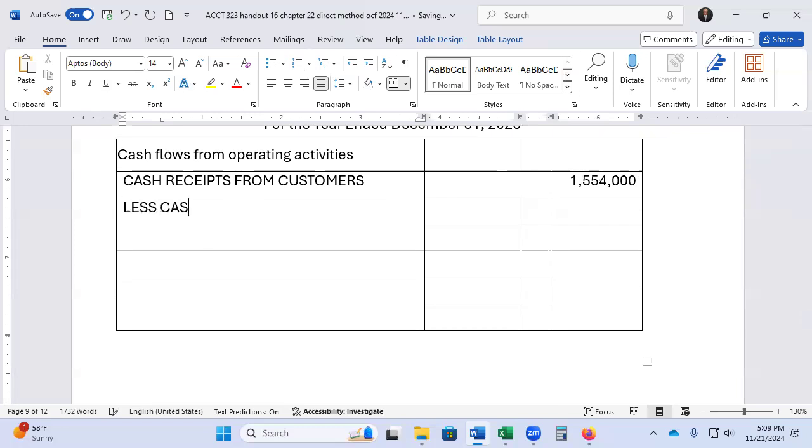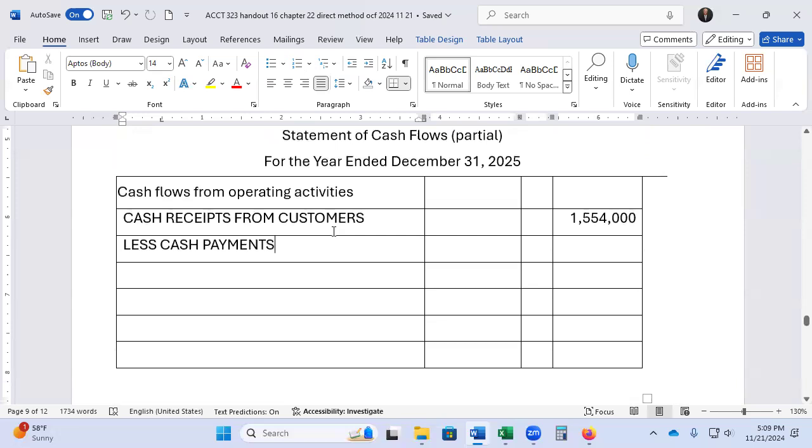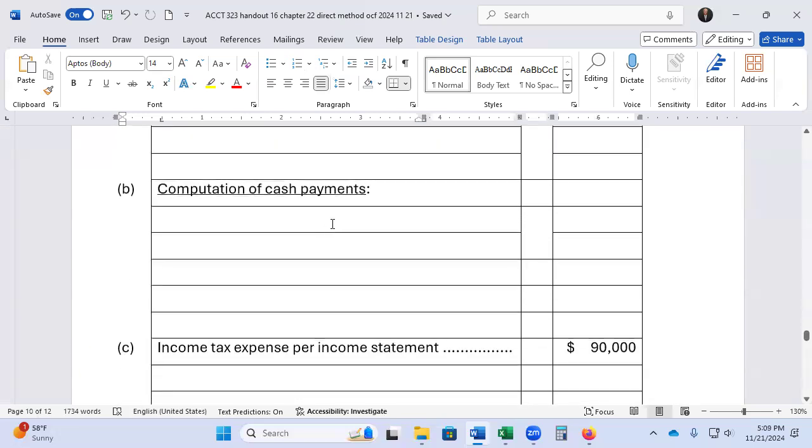And we'll have less cash payments. And so the first one we have is for operating expenses. And so the computation of cash payments is operating expenses. And this is taken directly from the income statement. $1,280,000.